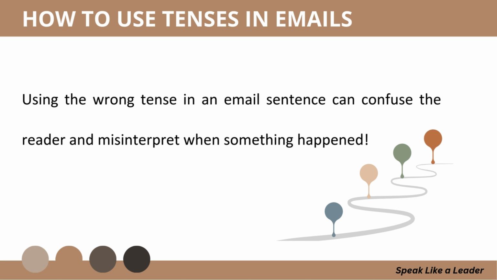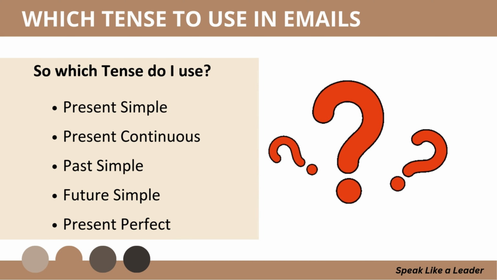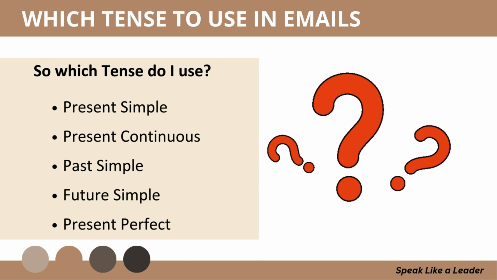In lesson number 2, we focused on prepositions, and today we'll turn our attention to grammar tenses, because using the wrong tense in an email sentence can confuse the reader and misinterpret when something actually happened. So let's dive in. Which tense should we be using in our emails?